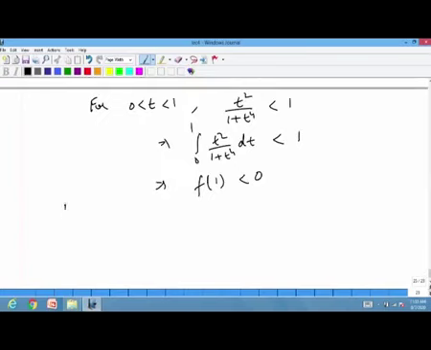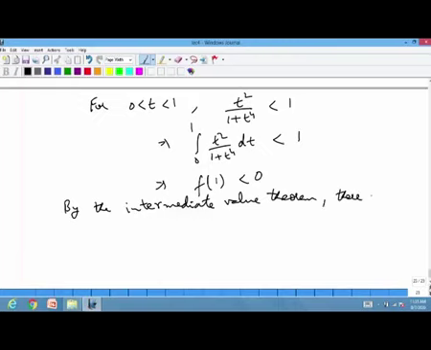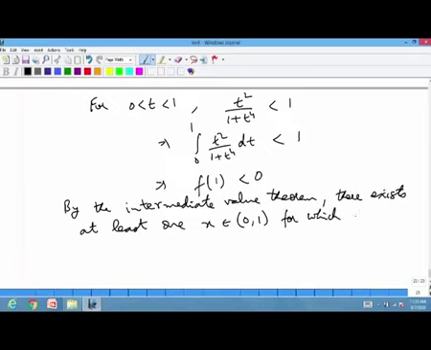So, we have f is a continuous function, f at 0 is positive and f at 1 is negative. So, by the intermediate value theorem, for a continuous function, we know that there exists at least one x in the interval 0 to 1 for which f(x) is equal to 0.